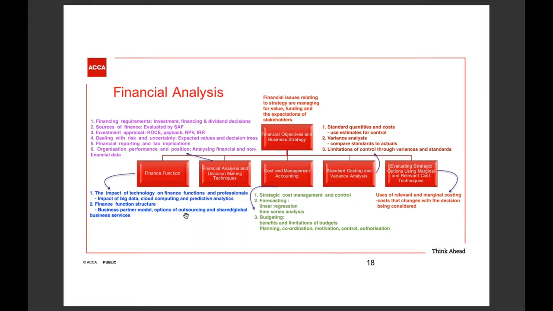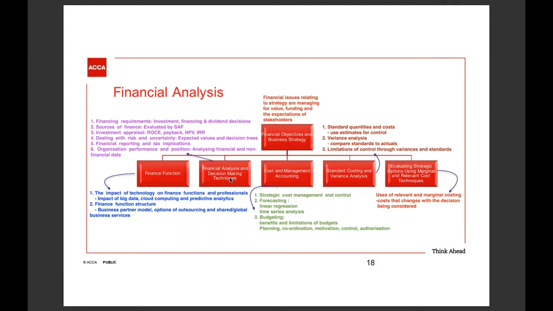The next part that we are going to look at is financial analysis and decision-making techniques. Usually there are three types of decisions relevant to the financial requirements of a business: investment decisions, financing decisions, and dividend decisions.